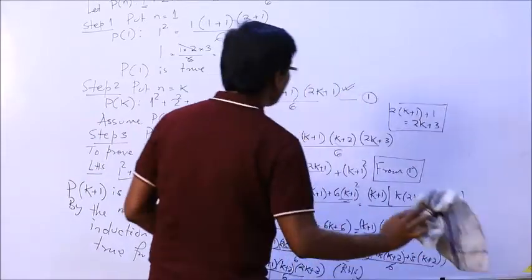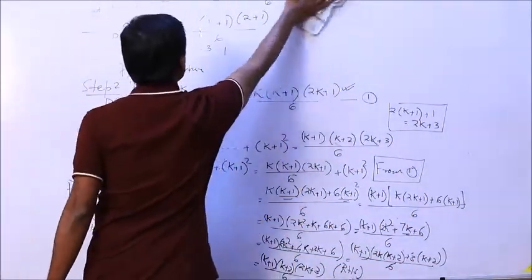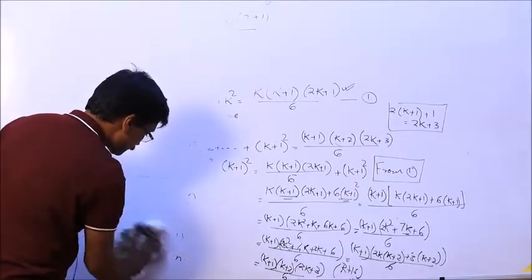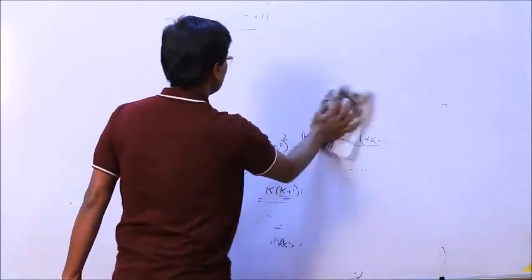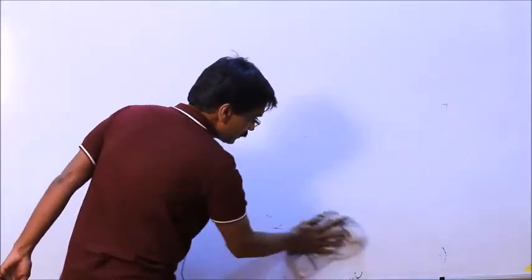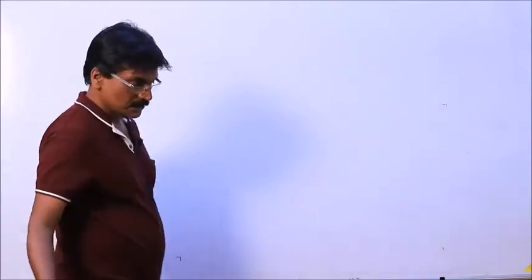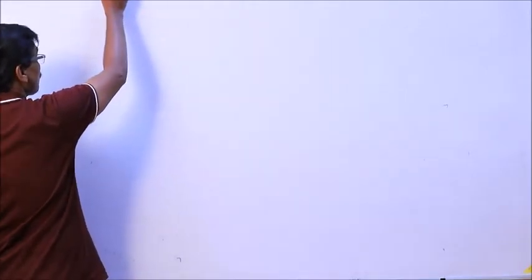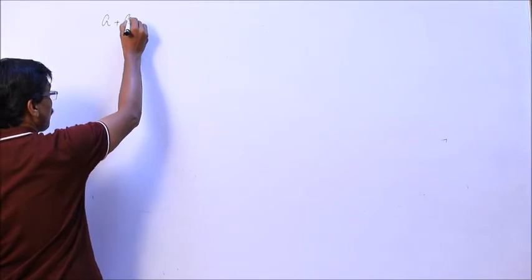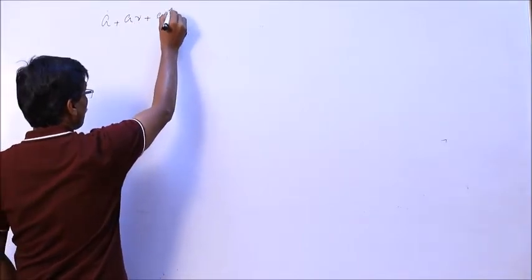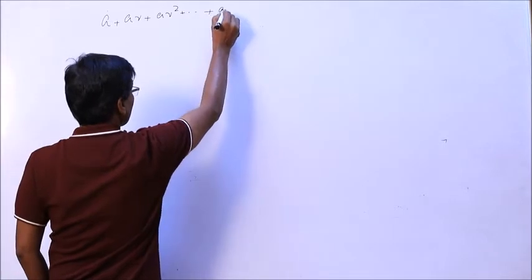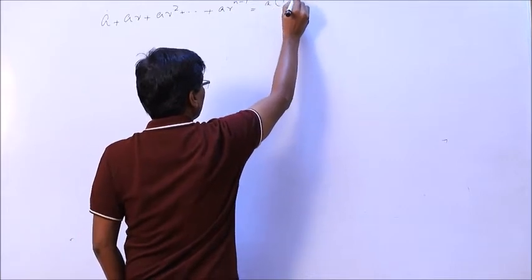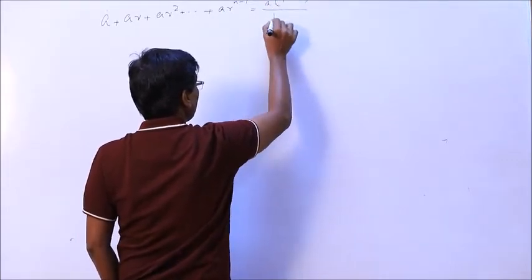So, we can have various examples, various proofs by induction method. So, one more example is your geometric progression GP, that is A plus AR plus AR square up to AR to the power n minus 1 is equal to A into (1 minus R to the power n) divided by (1 minus R).